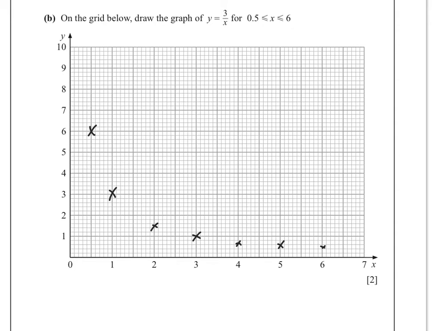So whenever we join those together using a curve, got to be careful here, I just didn't go through that point, so I'm going to redo it. Got to use a rubber in the exam, so you would rub out your first attempt, and then the blue would have been my second attempt.